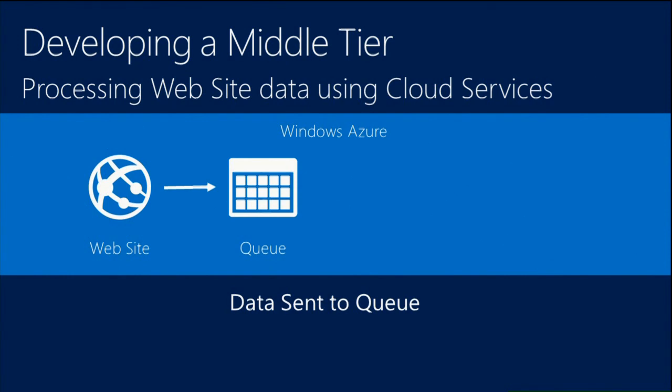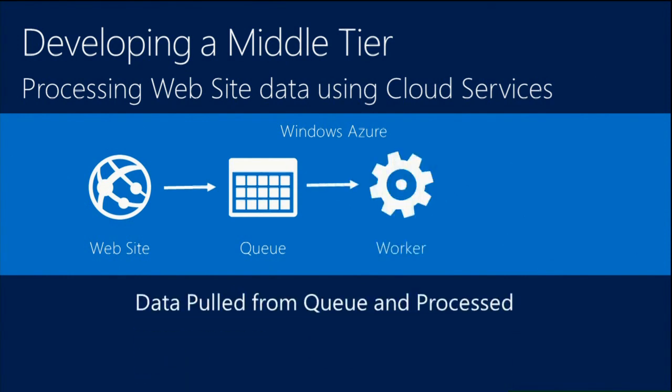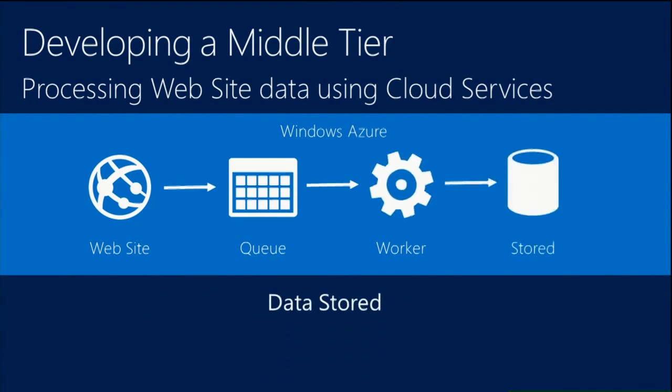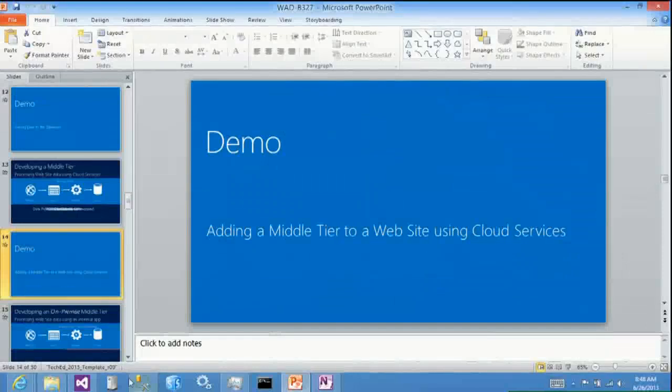My website is going to write to the queues, and there's going to be a worker running in the background that processes the queue and then writes the results to the database. So I'm creating a separation of what the website can do and what happens in the backend. And then slowly, we're going in the direction of merging my on-prem assets. Let's switch back to the demo.